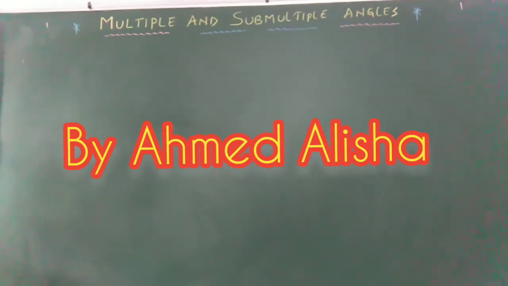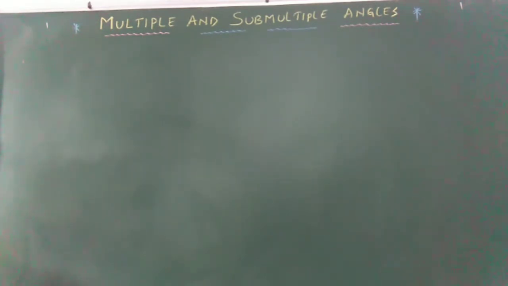After that we already discussed half angle formulae also. That is, sin a can be represented in terms of half angle, that is 2 sin a by 2 into cos a by 2. Similarly, the formulas of sin a by 2, sin a by 4, as well as cos a by 2, cos a by 4, etc.